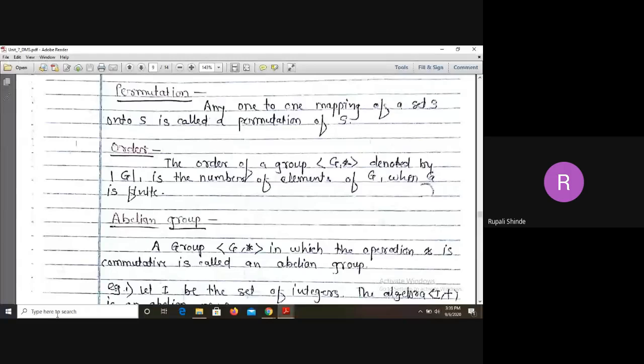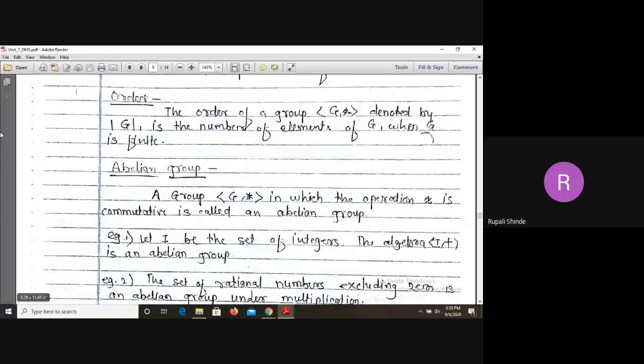We have just seen what is the meaning of idempotent. That is, for any element A, we can write A star A equals A. This is idempotent property. Likewise, we can define commutative property for any 2 elements as A star B equals B star A. So here they have given one example.